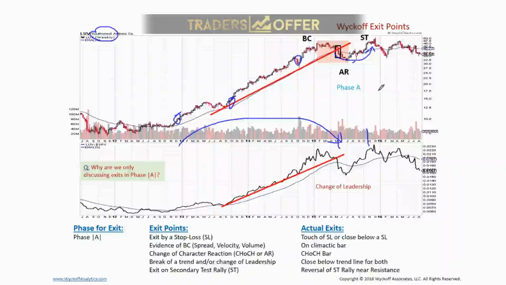So it might be appropriate on a smaller time frame where you have a trading range starting to develop, this change of character, and then you want to exit on the secondary test. But I want to caution that maybe the best exit is still going to be somewhat close to the original break of the trend.